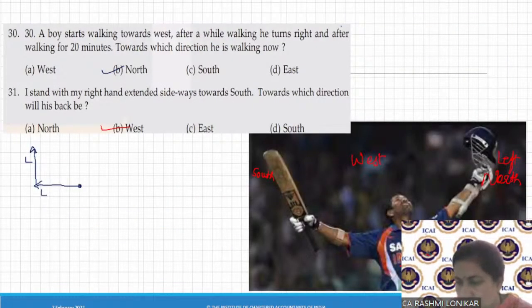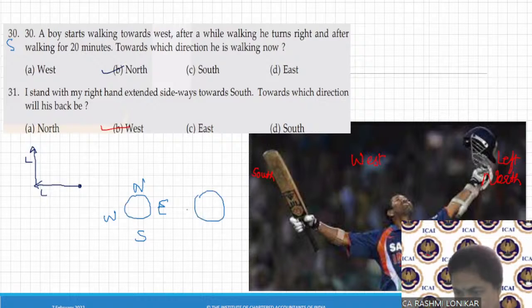See, this is Sachin's right hand. So right hand is towards the south. Then you will see that in this case, this is south, west, north, and east. You know this. Now what is happening? I'm just shifting.